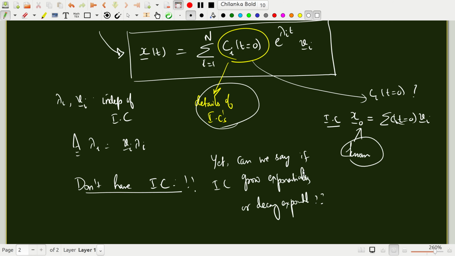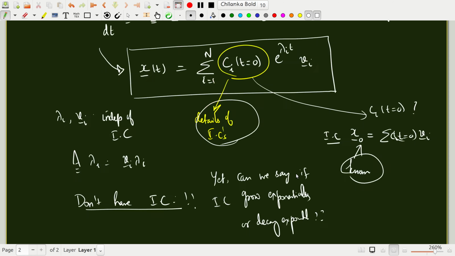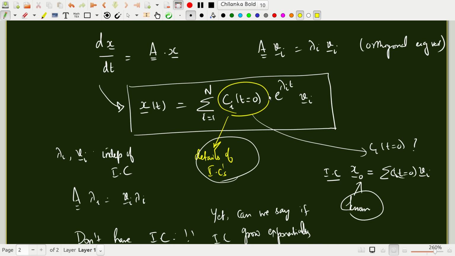That's the question, right? Now the answer is very simple. Even if I do not know Ci, okay, suppose I erase this and say I don't know. Even if this is the case, you can still comment on whether any given initial condition, which is now characterized by the set of these constants, will blow up or decay with time by looking at this.